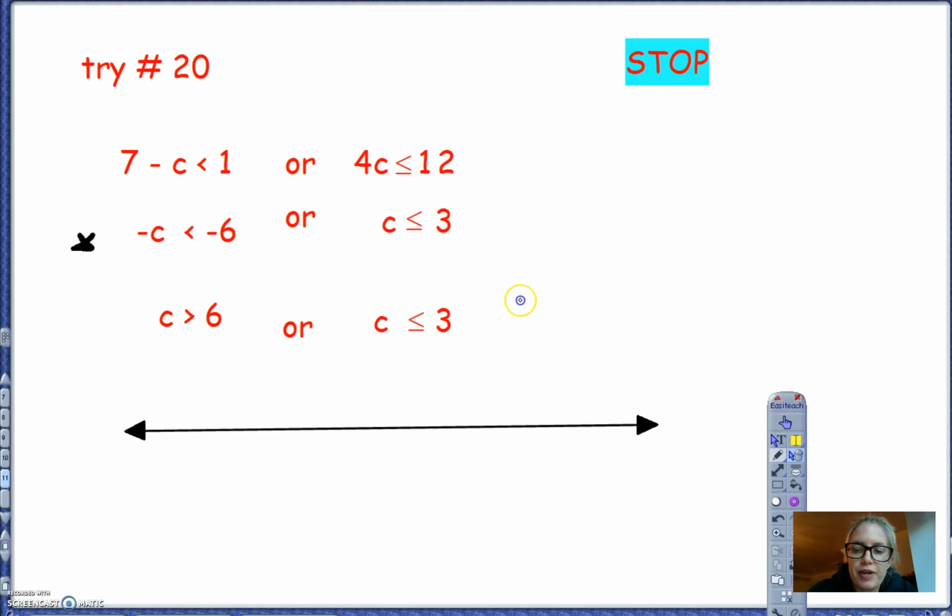We plot these numbers. We have a 3, and we have a 6. Greater than 6 is an open circle at 6, and less than or equal to 3, going to the left.